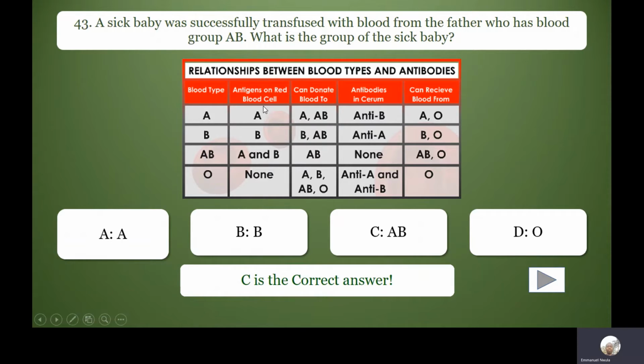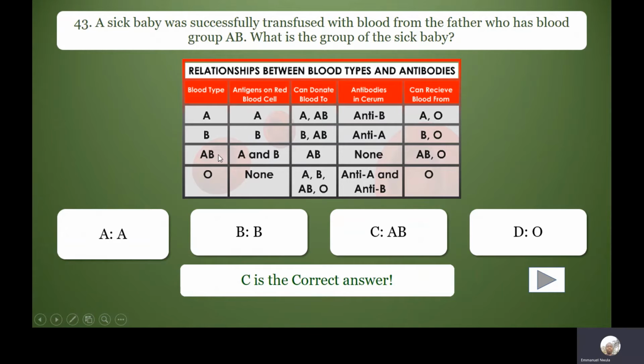So if, for instance, A blood group donates to B, A has antigen A and B has antibody against A. So that means if antigen A from A blood group goes into B, the antibody against A will fight that antigen. That is why A and B are not compatible.